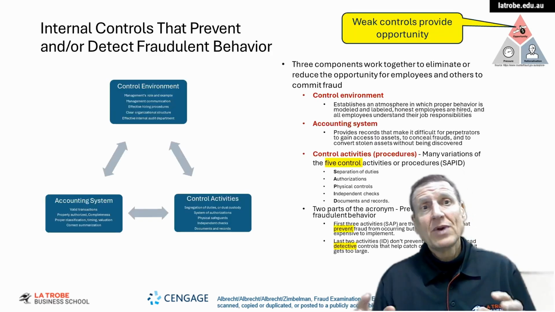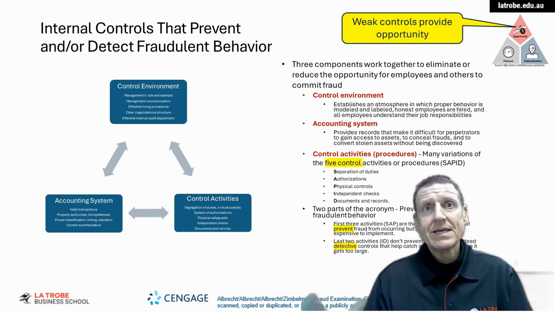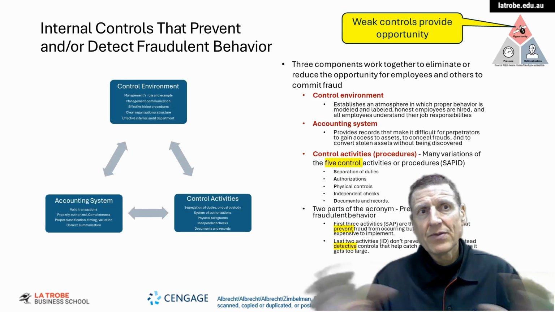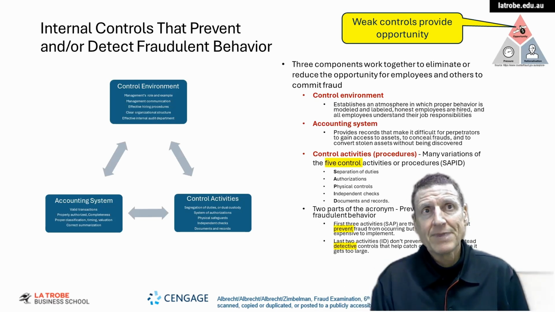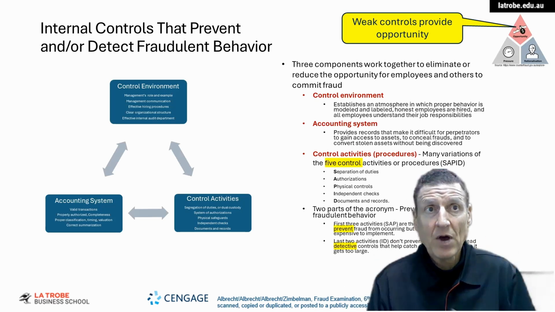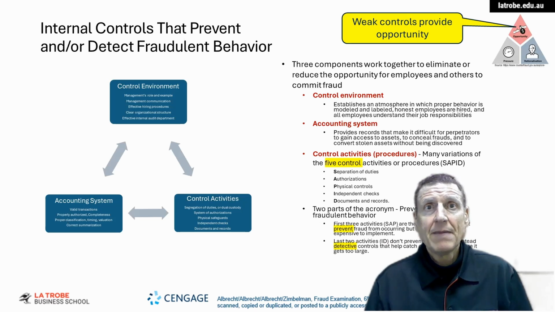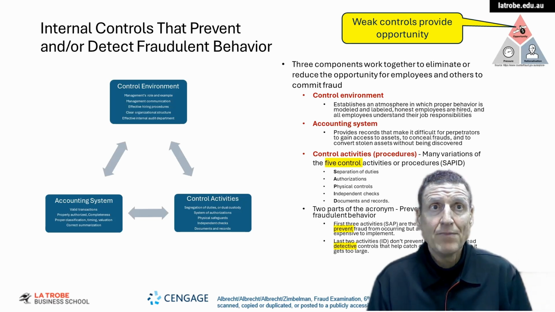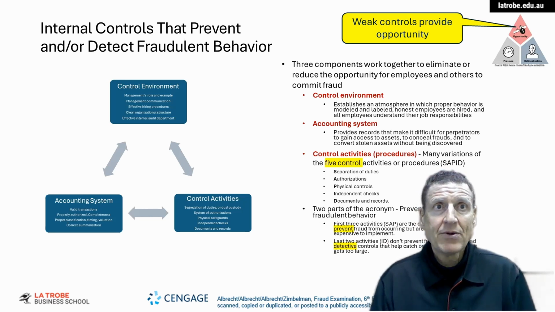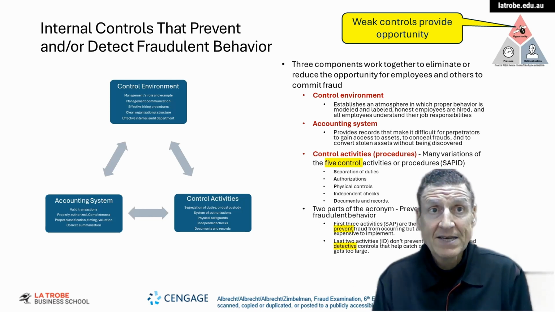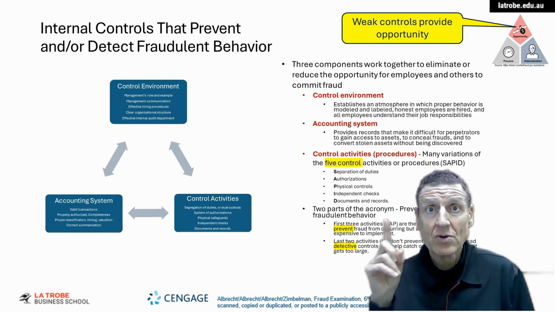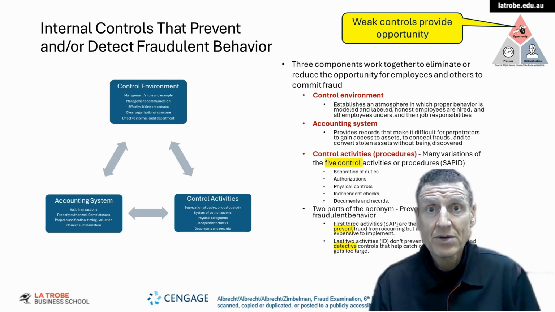All right. So what I've done, and this is in the textbook, they've actually talked about all this, but I've put it into 3 areas. Basically, there's the control environment, and that is the management's role and example, management's communication, their effective hiring procedures. Okay. There are control activities, and that's all about the 5 control activities: the separation of duties, the authorizations, the physical controls, independent checks, documents and records.